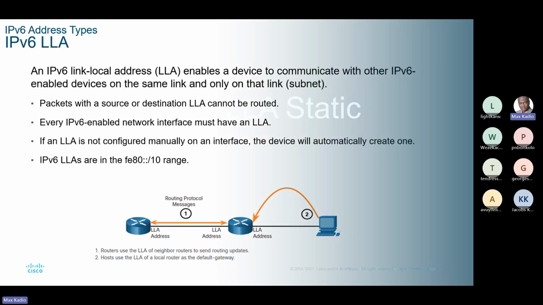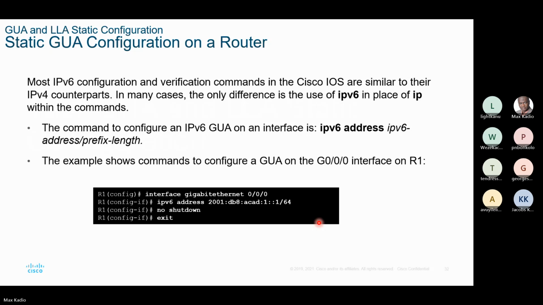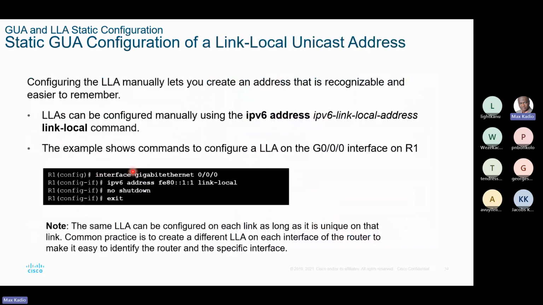Okay, no problem. Okay, now how to configure LLA? We go to the interface again. So thank you very much for your question. For IPv6, each interface has two IPv6 addresses, the GUA plus the link local. It's always like that. It's the way it is. If you ask me why 1 + 1 is 2, my friend, it's the way it is. So any interface for IPv6 has two, the GUA, Global Unicast, and the link local. So you can check how it's configured.